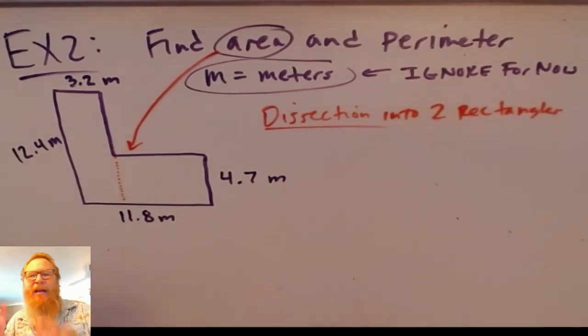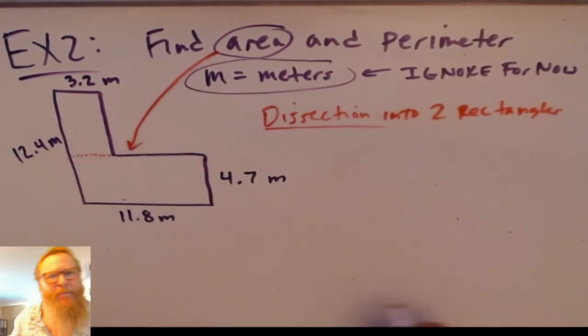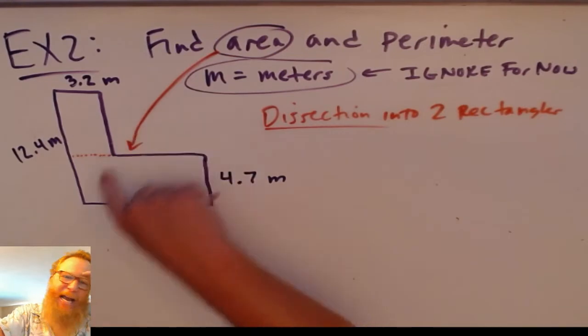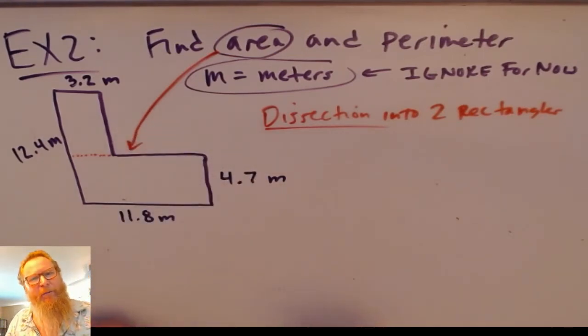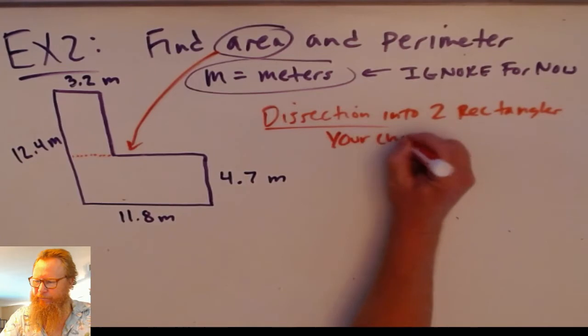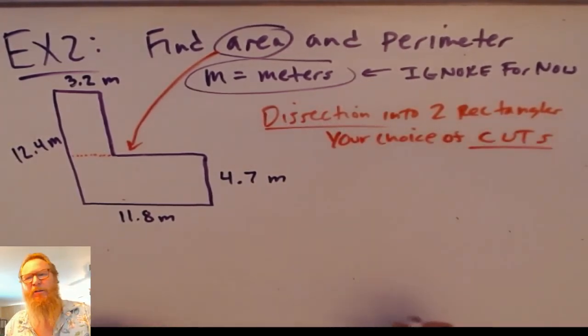Okay, and you can do that in a variety of ways. This is one way to do it, or if you prefer, you can cut it this way. You cannot cut it diagonally because then you won't have a rectangle, and you won't be able to use the neat formula that we have. So it really doesn't matter. It's your choice how you want to do the cut.